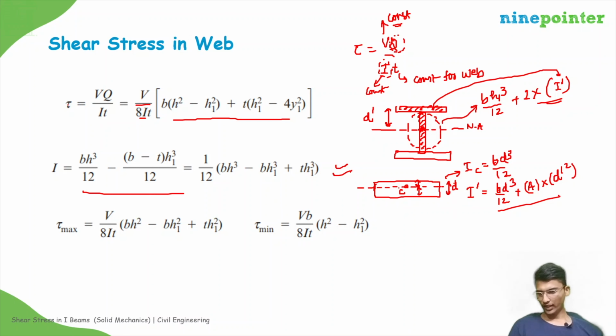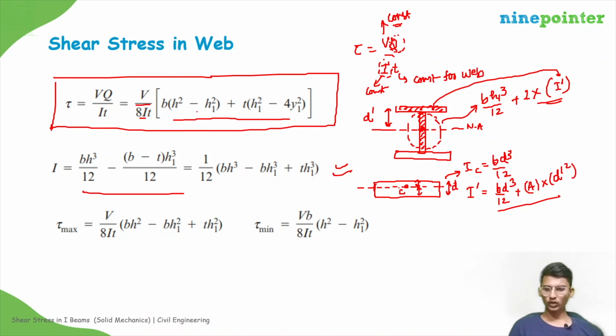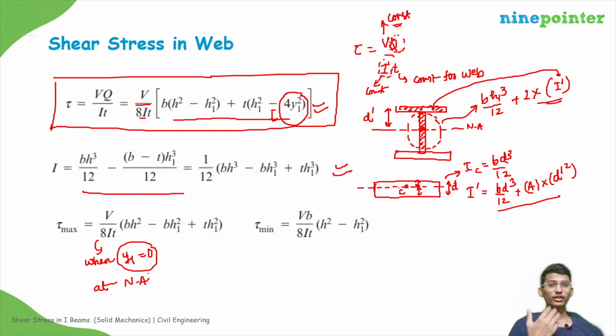So this into 2, if we calculate, we will get something like this, that you can calculate. So this is the variation of shear stress. See, the only value which will vary along the depth is y, right? So it will change with y. When it will be maximum, because this is negative, it will be maximum when y1 is equal to 0, means at the neutral axis, right? And when it will be minimum, see, we are calculating for the web, right?